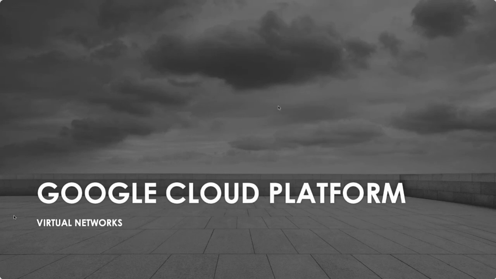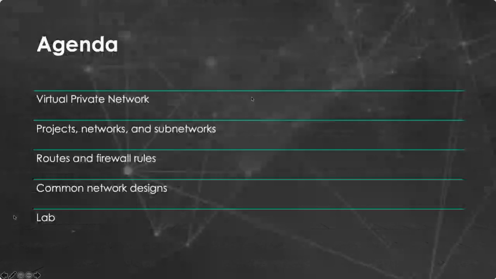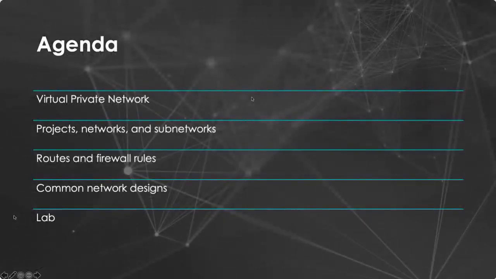So let's get started. What we're going to be discussing for today's session is as follows. We're going to talk about virtual private networks: what are virtual private networks and why would you need them in Google Cloud Platform? We'll talk about how those networks relate within projects and how subnetworks relate in turn to the networks themselves.